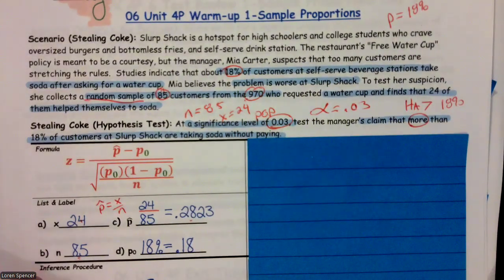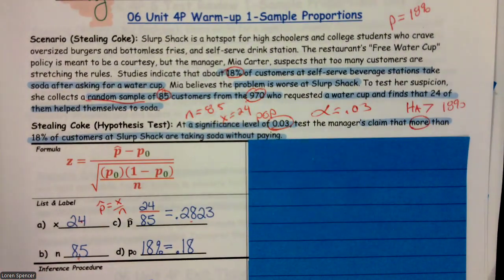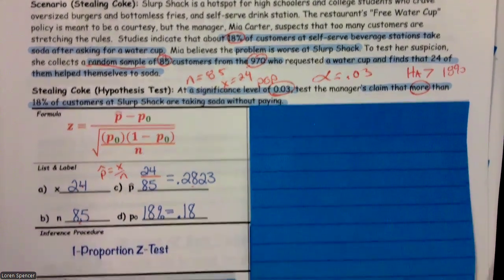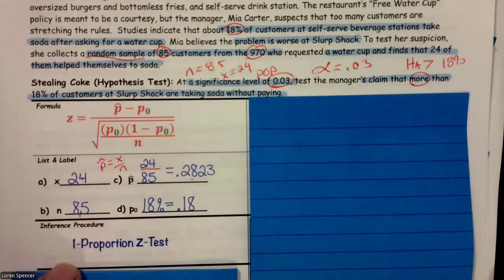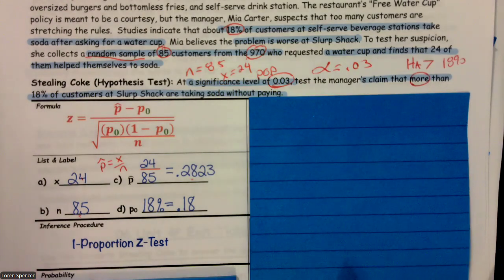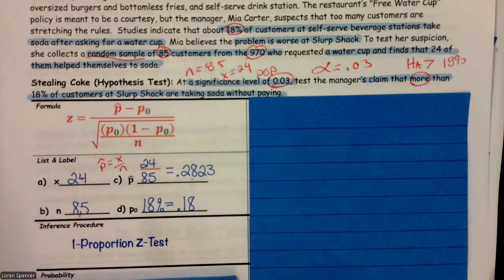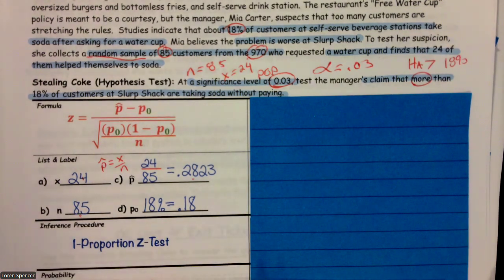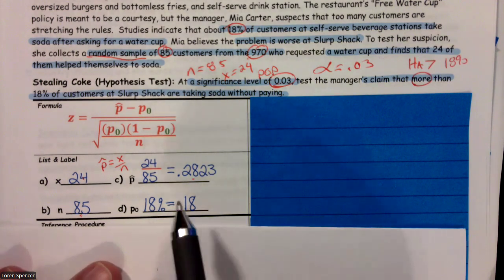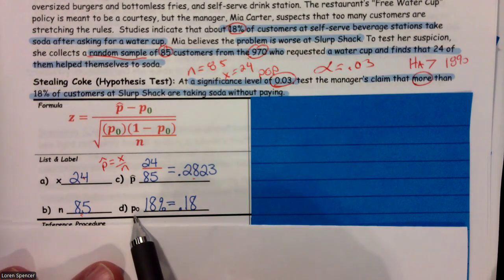We already know we're going to be running a one proportion z-test. So there it is. All right, so that's what we're running. Then we're going to be taking a look at our drawing, and keep in mind when we're drawing one of these, we'll always need to be centered on the population proportion.